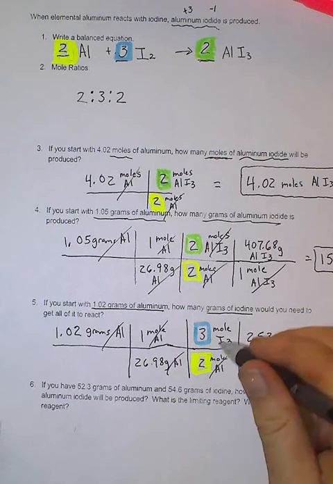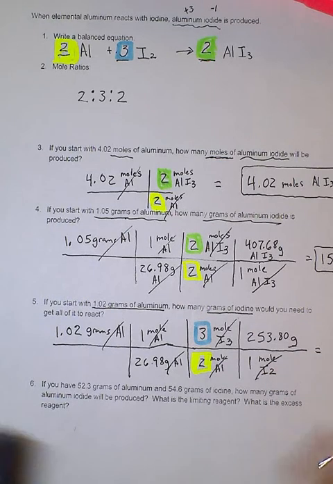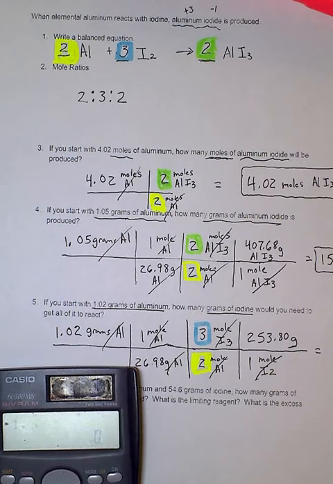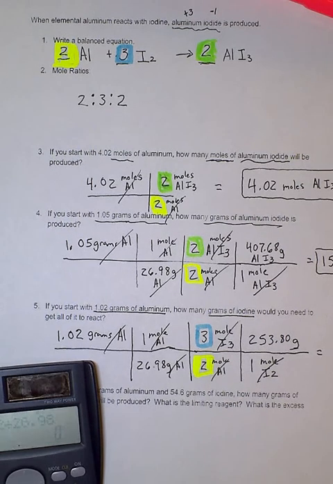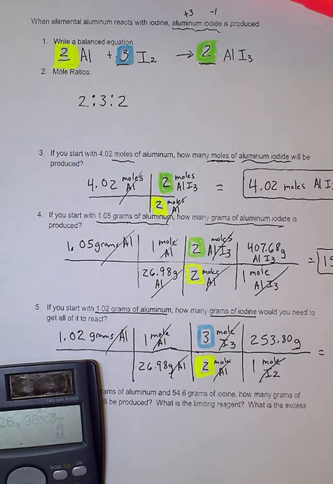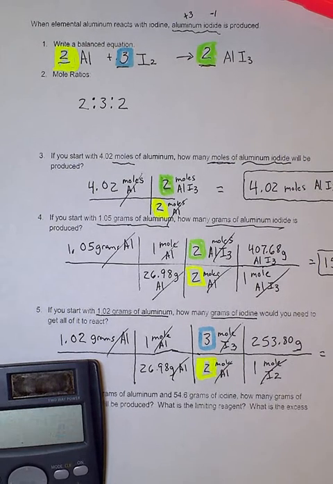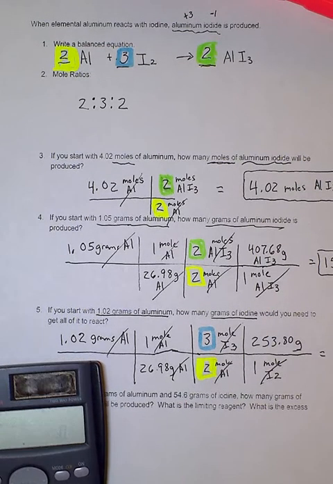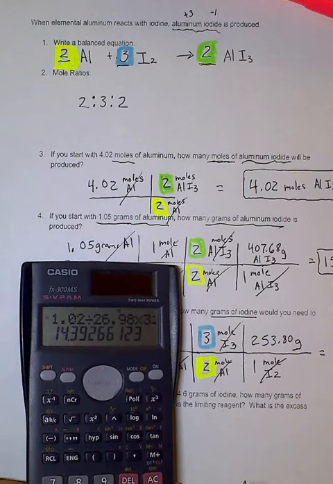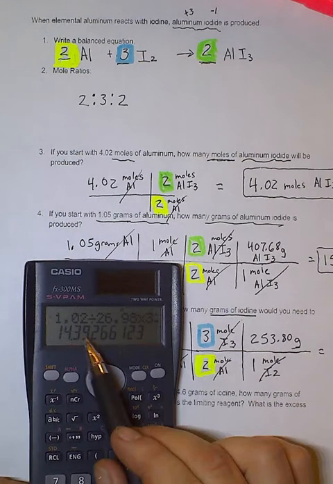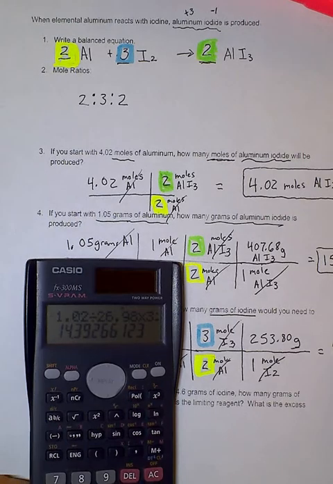Moles cancels out, and we're left with grams. All right, and I get 14.39. We're going to round it to 1 decimal point, so we should have 14.4 grams.